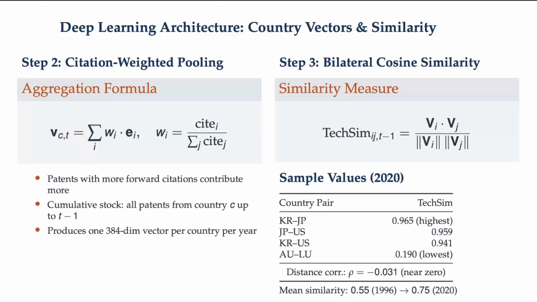As for the values, I found the highest value comes from Korea and Japan, and the second best is Japan and US. The highest value is 0.965, so very similar. Relative to that, Australia and Luxembourg is the lowest value, 0.19.